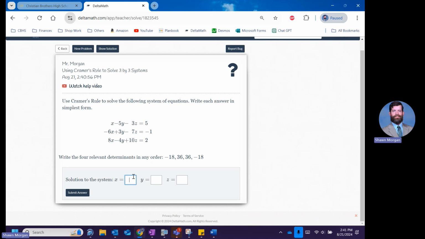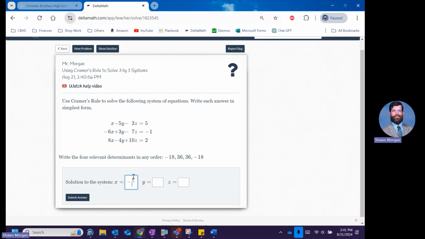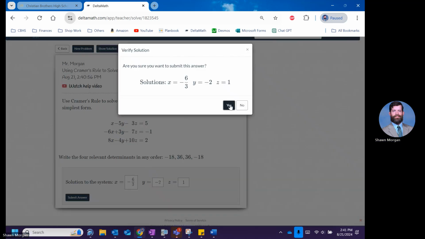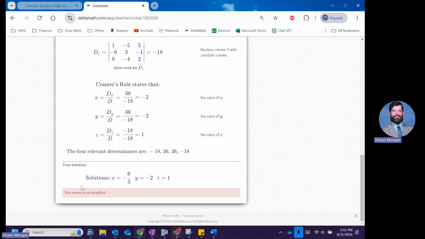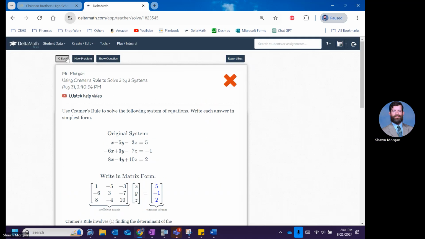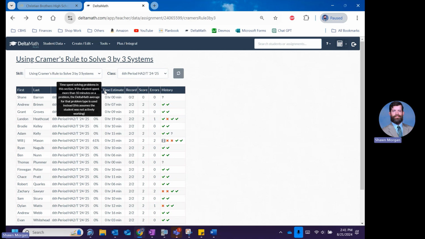All right, it's happy with that. And then what'd you say? Negative 6 over 3. And this one was, we'll simplify this one as -2. And then this one was 1. Let's see if it counts it wrong. Womp womp. Yeah. So definitely, your answer is not simplified. That's all right. All right, y'all feeling okay with this?